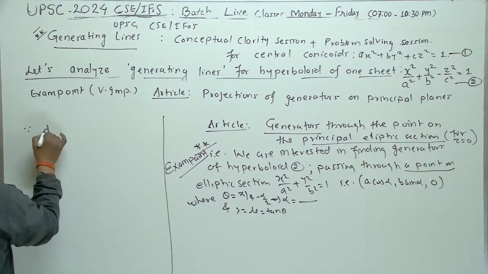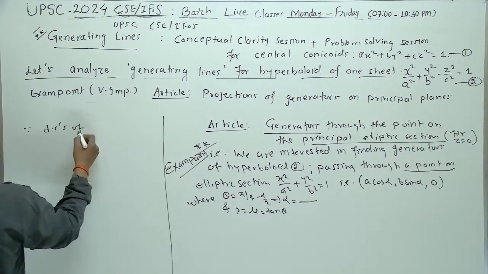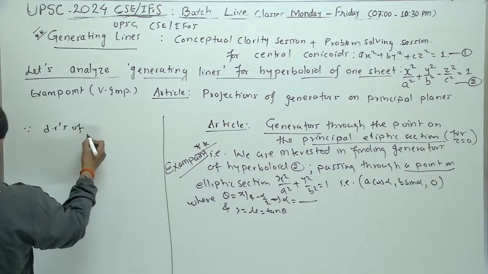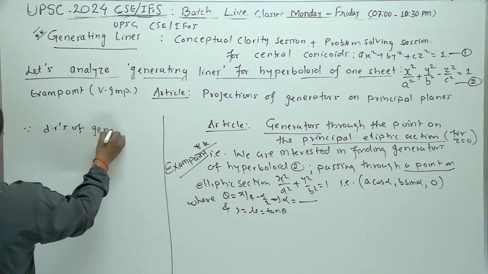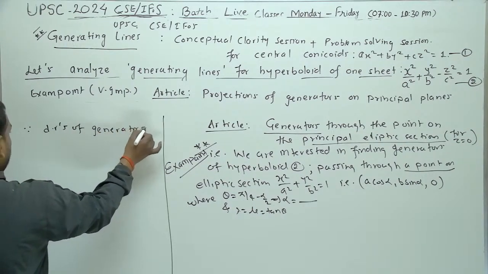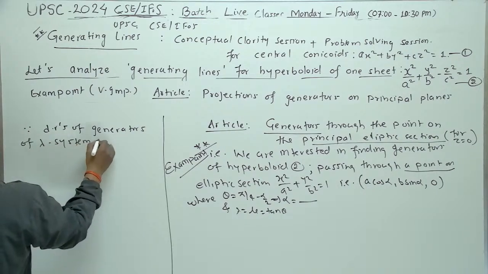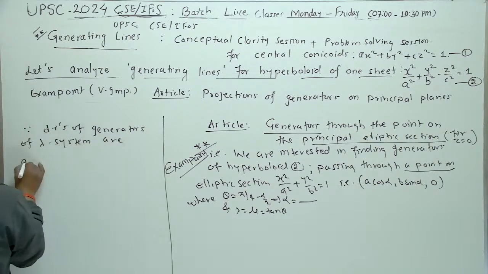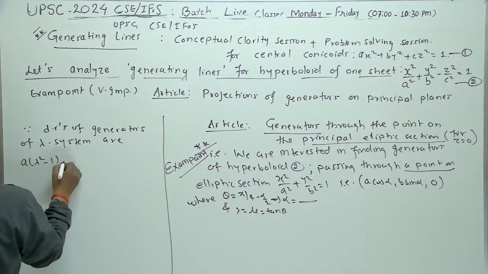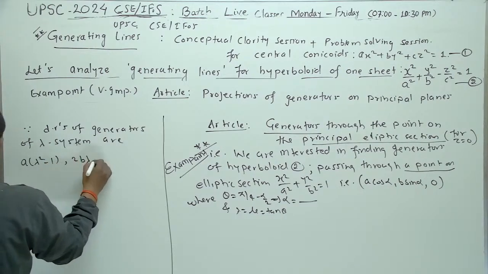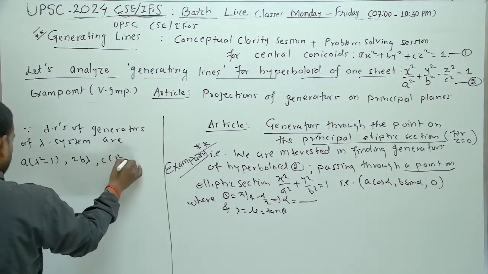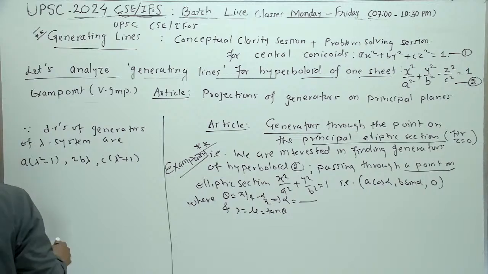So if you want to write that, the DRs of generators of the lambda system are a into lambda square minus 1, to b lambda. Write it once, and we can discuss the rest in further classes, not an issue.